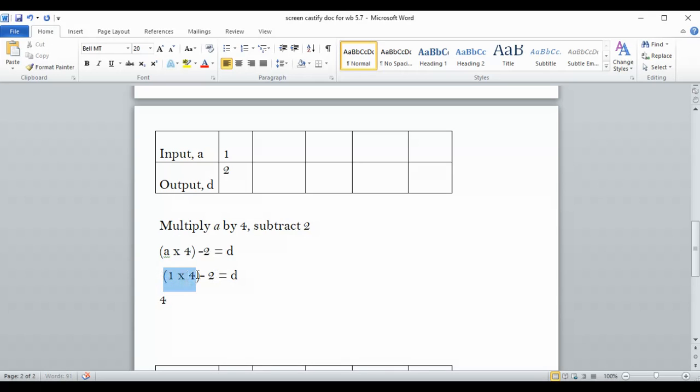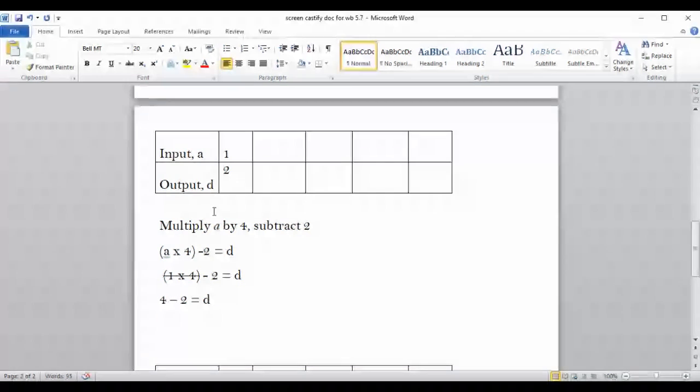So that means that I've used this part. So I'm going to cross it out. And then I do the minus 2 equals D. And this is the only part I have to solve. 4 minus 2.